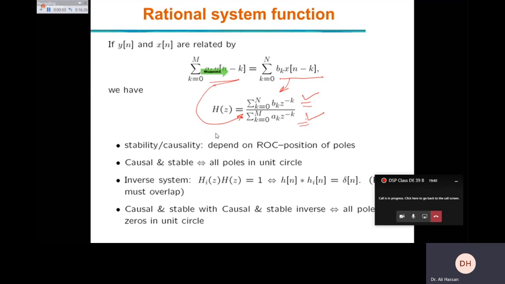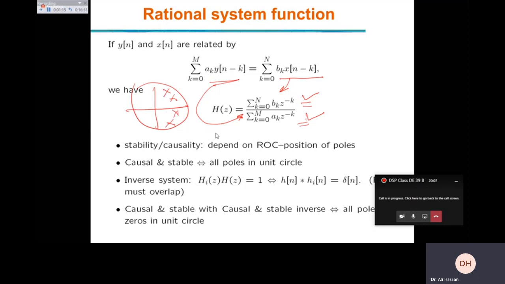And we know for a causal system to be stable, the unit circle is very important. For a causal and stable system, all the poles must be inside the unit circle. This we have studied in detail: for a causal system, the region of convergence is outside the outermost pole.